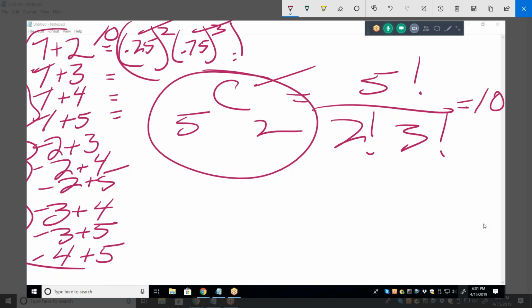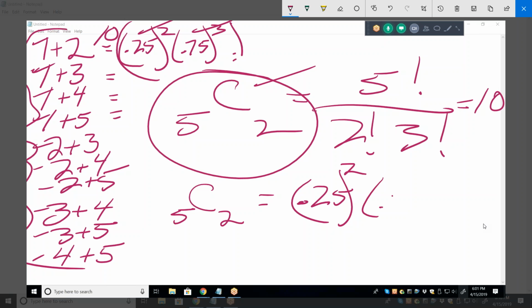Yeah. So what this really is going to be is 5 choose 2 times 0.25 squared times 0.75 cubed.